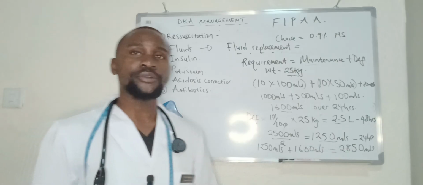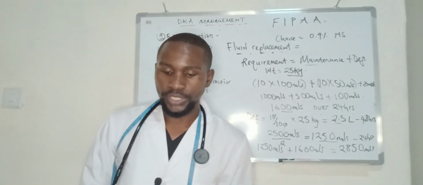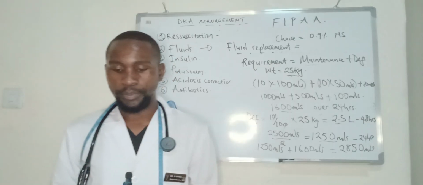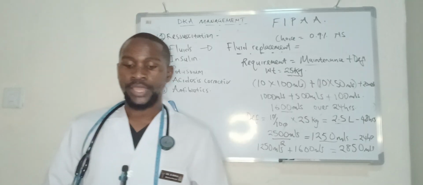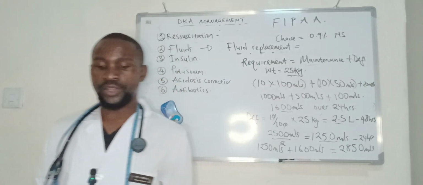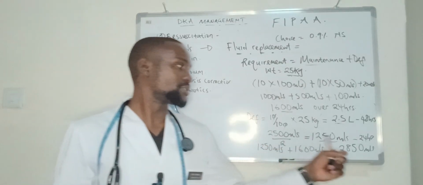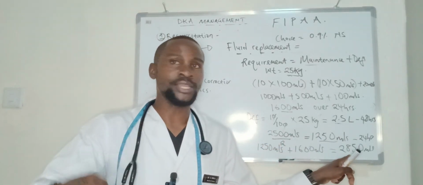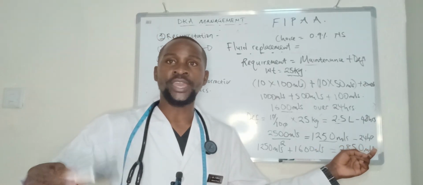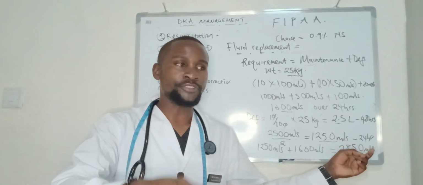So these fluids now, it's not like you're going to give them at once. You can divide it either by 3 or by 4, depending on the number of hours you want to give. So if you want to be giving 8 hourly, you divide this by 3, so that every after 8 hours you give.